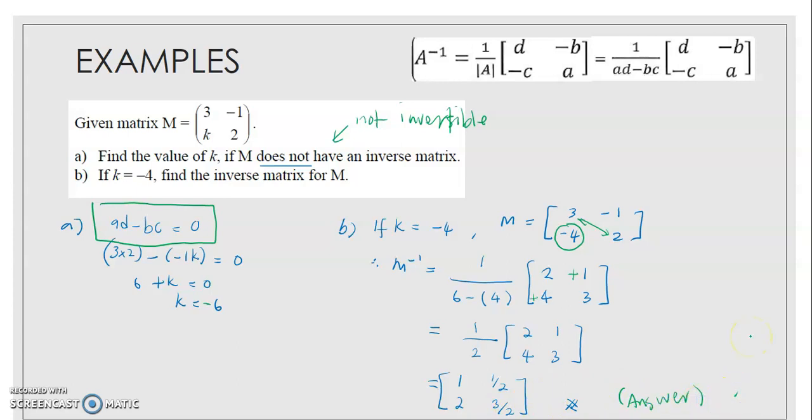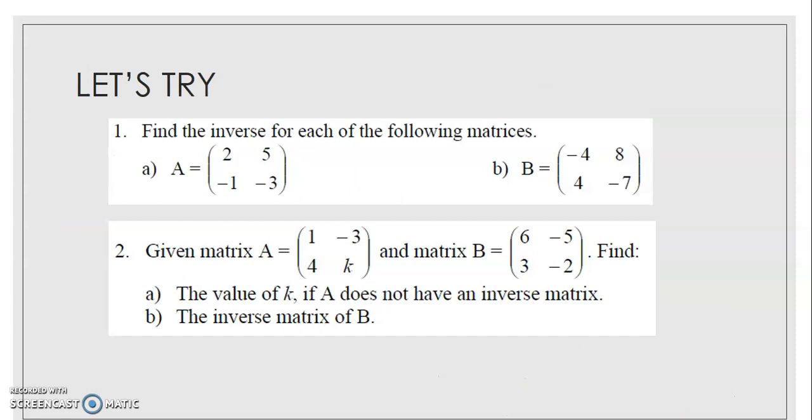Okay guys, to test your understanding, please answer this exercise. Only two questions. Find the inverse for each of the following matrices. Because the question wants you to find the inverse, it means that we assume this matrix is invertible, so you don't have to check whether it is singular or non-singular.